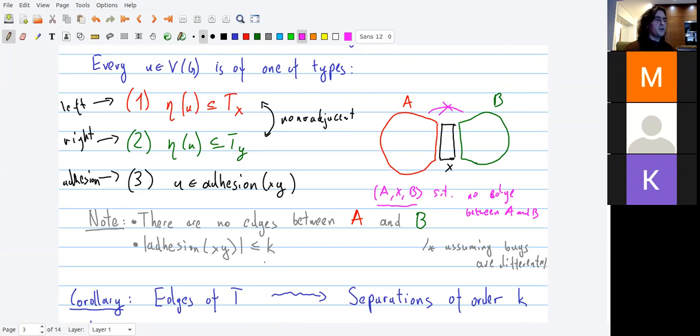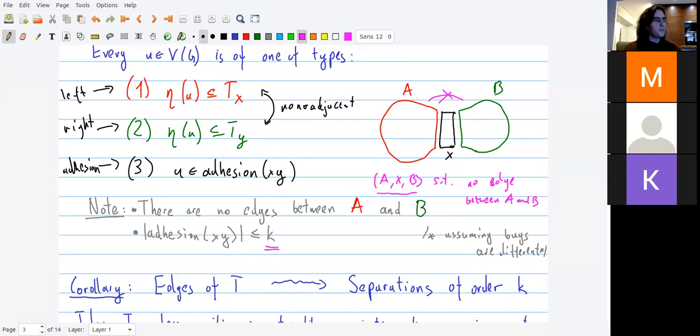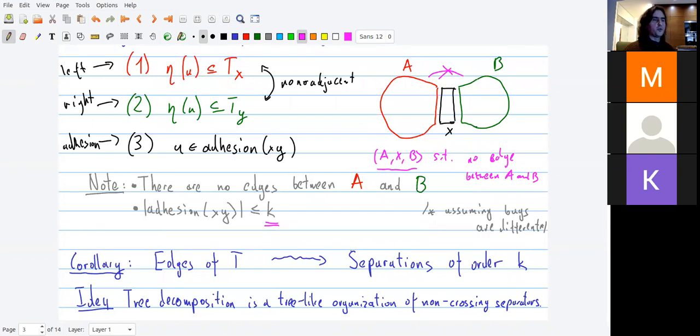So this means that I can assume the adhesions are of size at most k, and the edges of my tree decomposition correspond to separations of order k in my graph, to ways of cutting the graph into pieces A and B using a small separator X. And this is how you can also view tree decompositions.